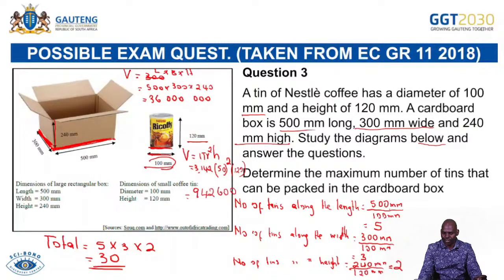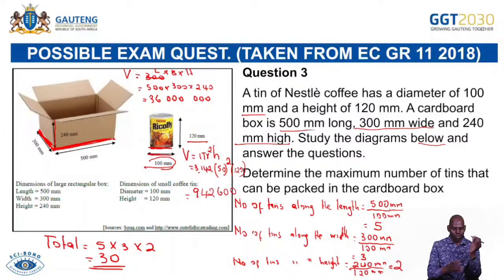Then if I divide 36,000,000 by 942,600, it gives me 38.